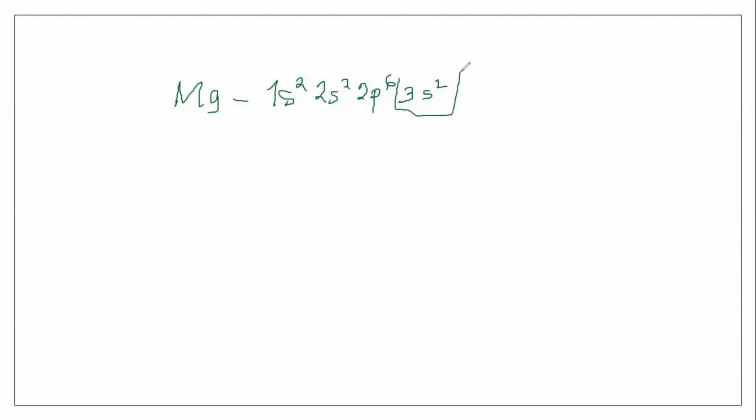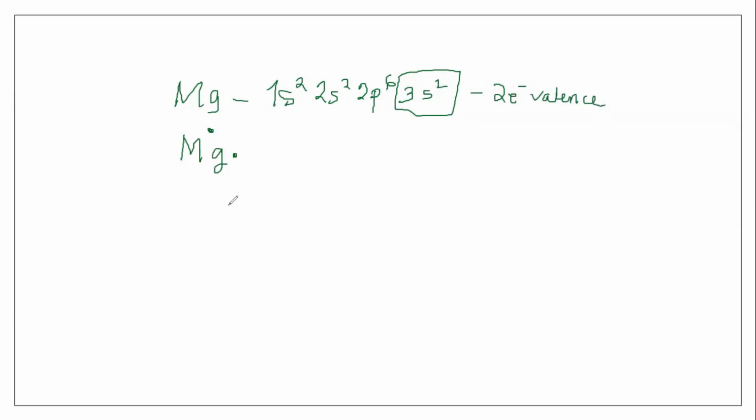Since we have a valence of 2, so therefore, magnesium has a valence of 2, represented by the electron dot or the Lewis dot structure. Okay, so just going to note here that we have 2 electrons as valence.